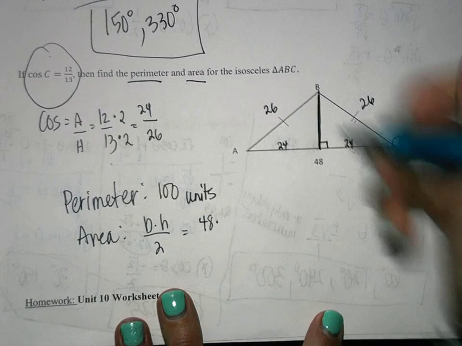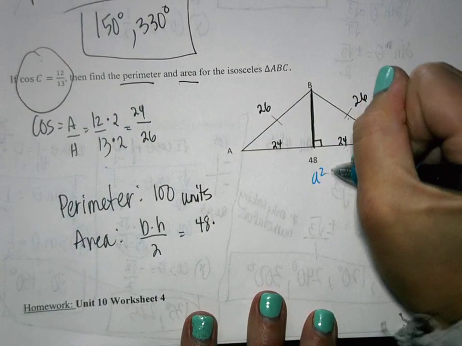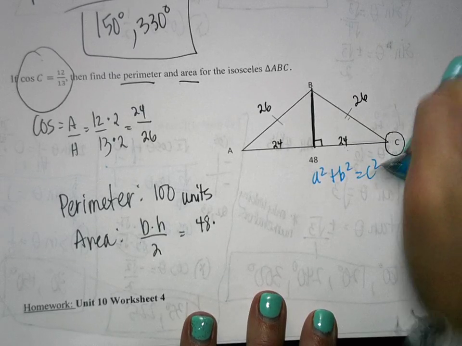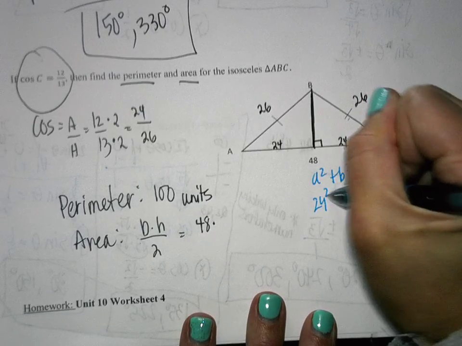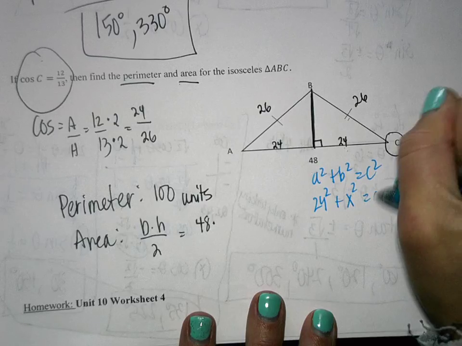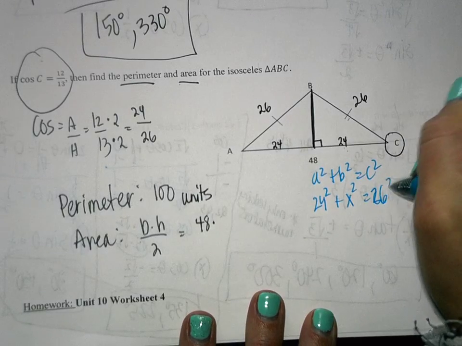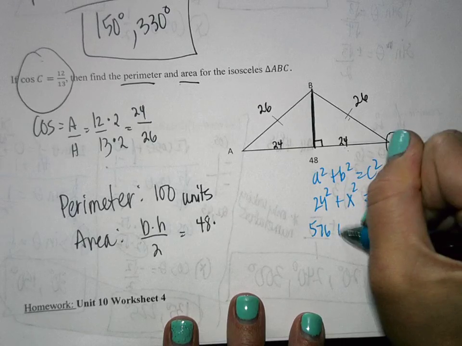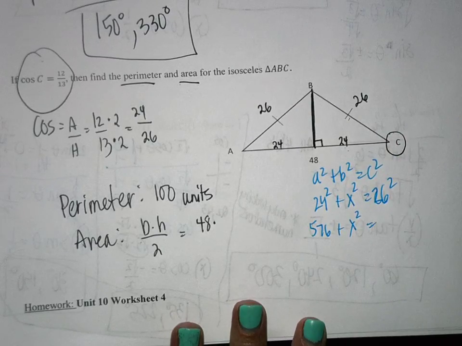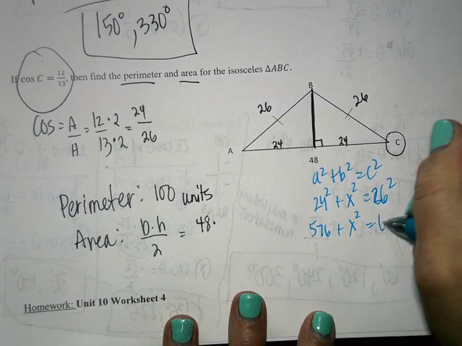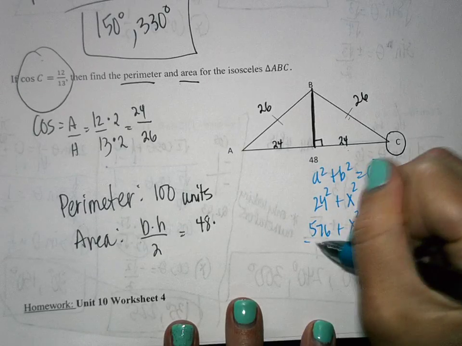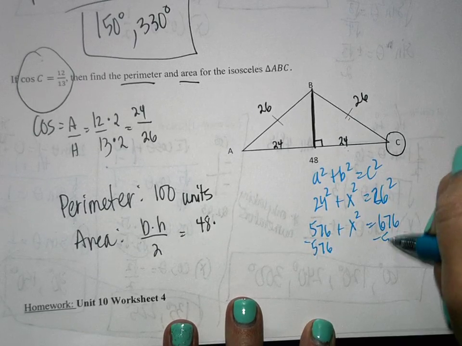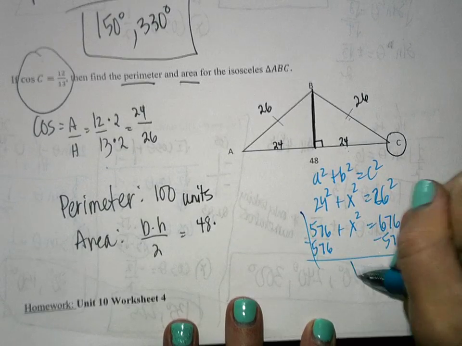So we have a squared plus b squared equals c squared. 24 squared plus x squared equals 26 squared. 24 squared is 576 plus x squared equals 26 squared is 676. Subtract 576 from both sides. We get x squared equals 100.